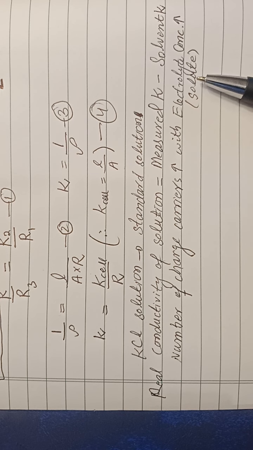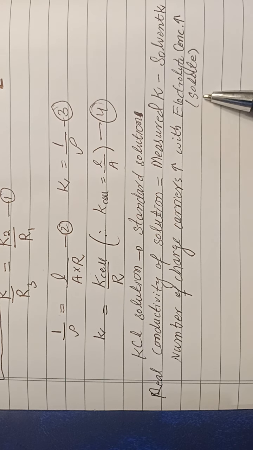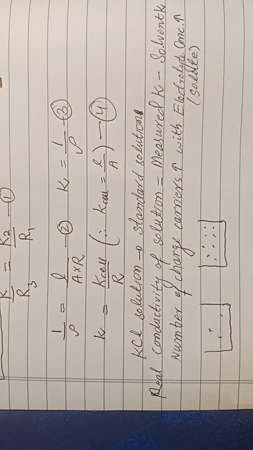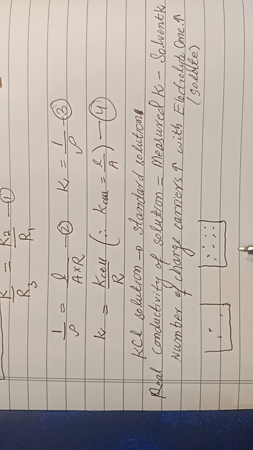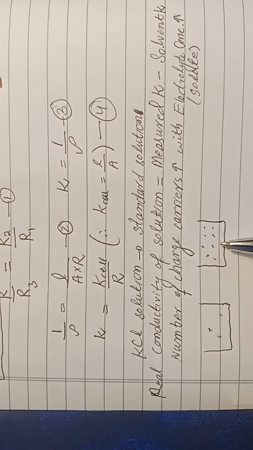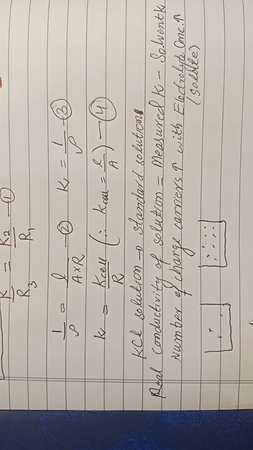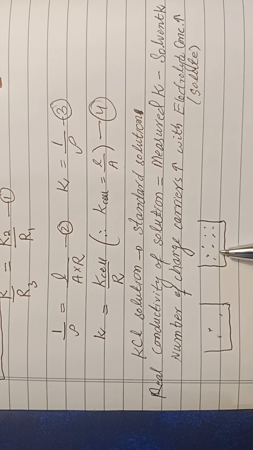So the solution's conductivity usually increases as the electrolyte concentration increases. We can assume that fewer particles can conduct less charge as compared to a higher number of solute particles. So the number of charge carriers per unit volume usually increases with increasing electrolyte concentration, and thus the conductivity increases.